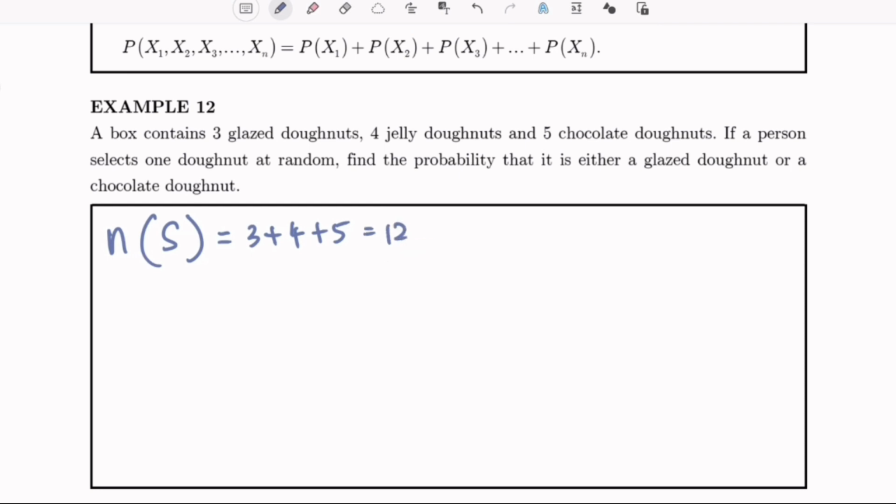And let's label the event of selecting a glazed donut as G, and then J for jelly and C for chocolate. The question is asking for the probability of G or C.